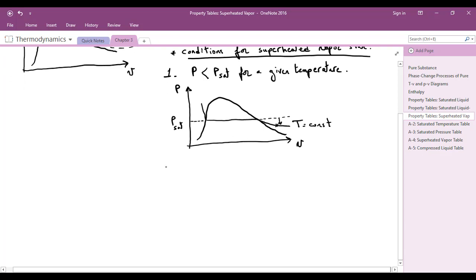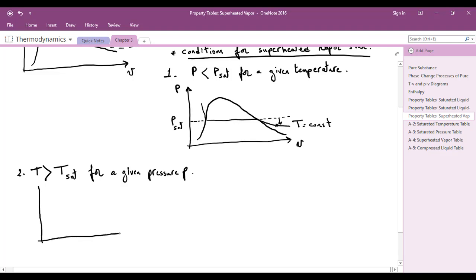Condition 2: a temperature that is higher than the saturation temperature for a given pressure P. This can simply be shown in a TV diagram.